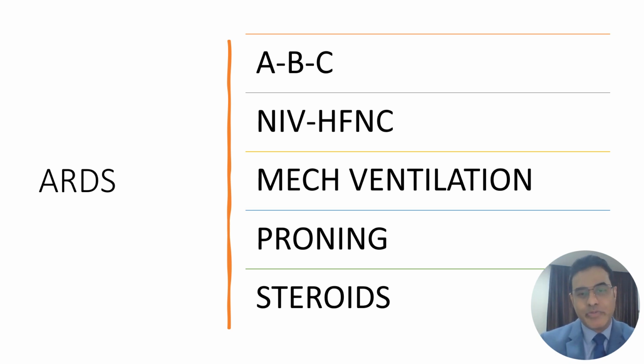Especially in immunocompromised people, even in moderate to severe ARDS, we have to think about non-invasive ventilation because ventilator-associated pneumonia in these people has high mortality. Whereas in other populations, from moderate to severe, we have to go with early mechanical ventilation.